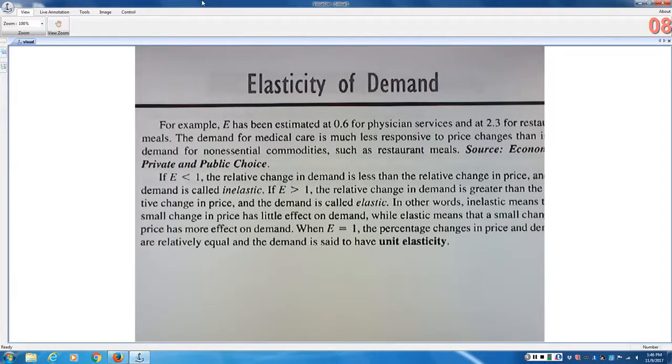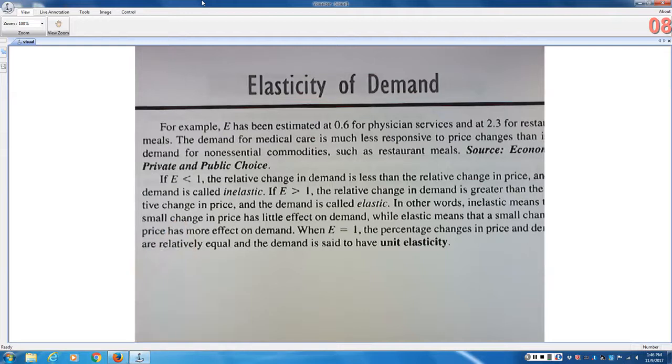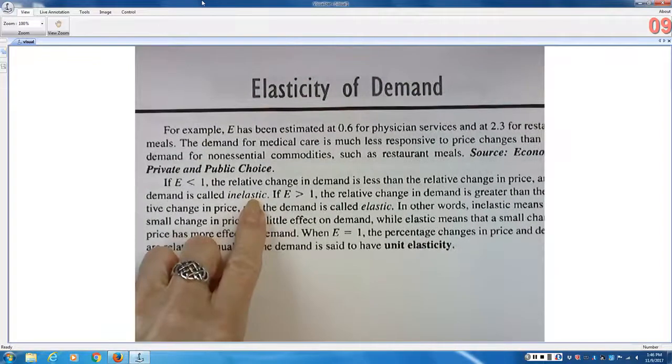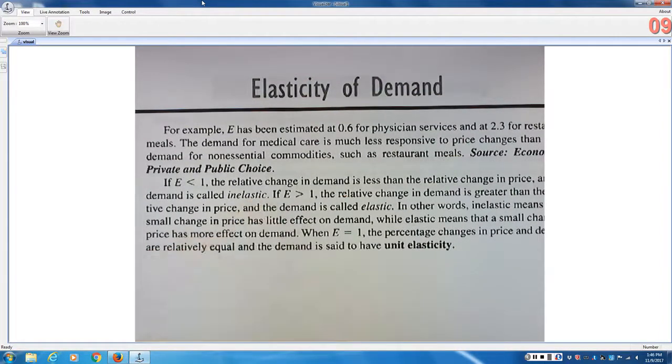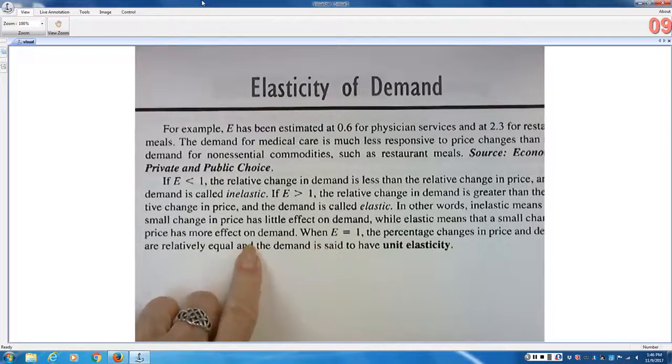So basically what's happening here is that the demand for non-essential commodities, such as restaurant meals, is going to be elastic, not inelastic. So inelastic means a small change in price has very little effect on demand, but elastic means a small change in price has more effect on demand.